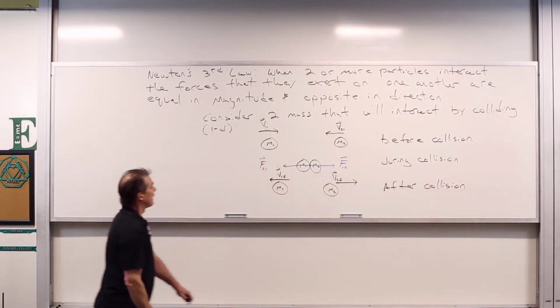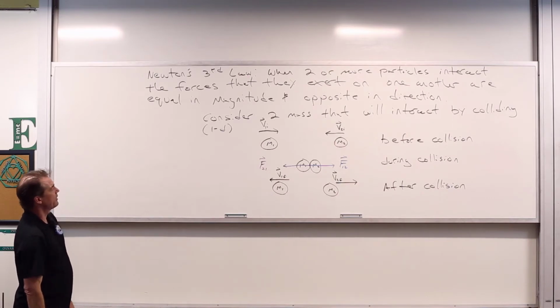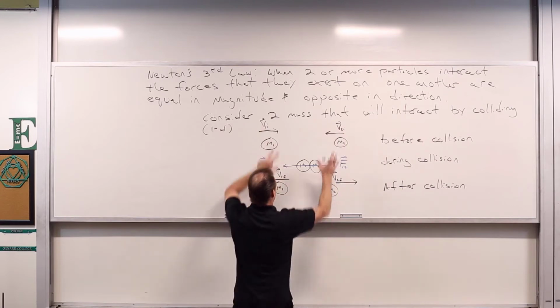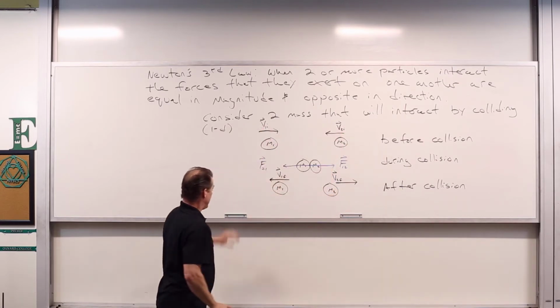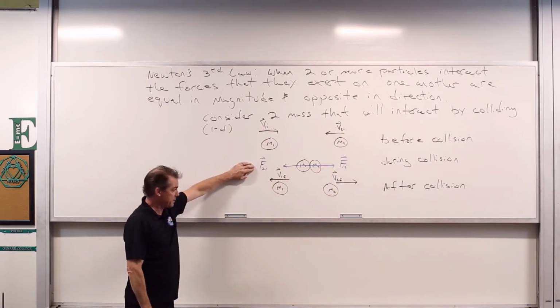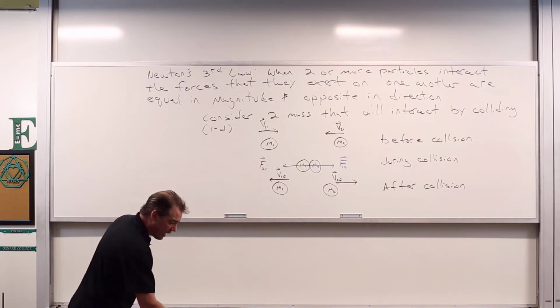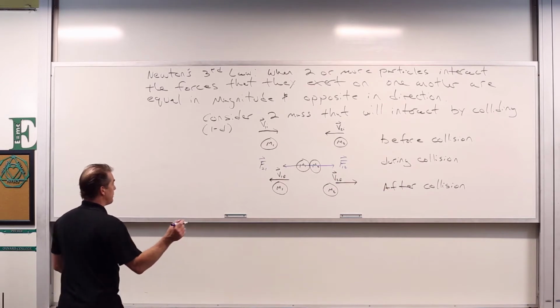So let's take a look at this. We've got a change in the objects' momentums from here to here that is due to this interaction that takes place. This is what we want to look at. So let us look at the impulses on these individual objects.